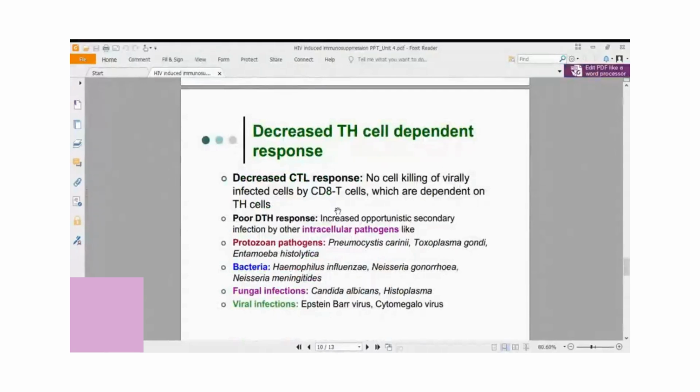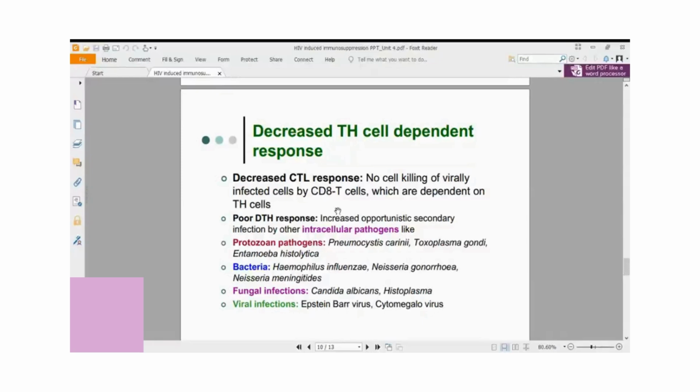Now, what will happen to the immune response, which is Th cell dependent? One of the important responses that is Th cell dependent is the CTL response, that is, cytotoxic T lymphocyte response.